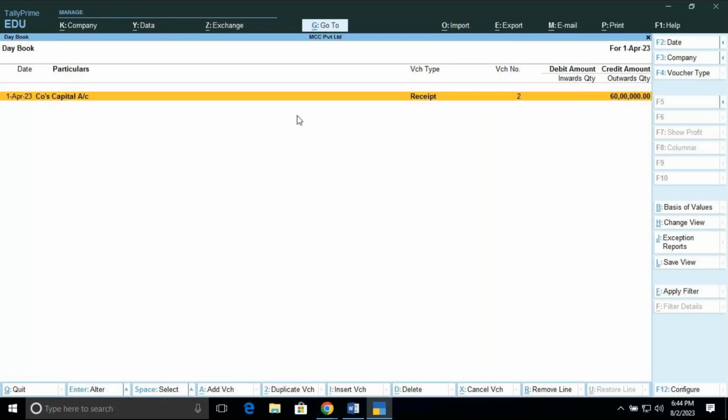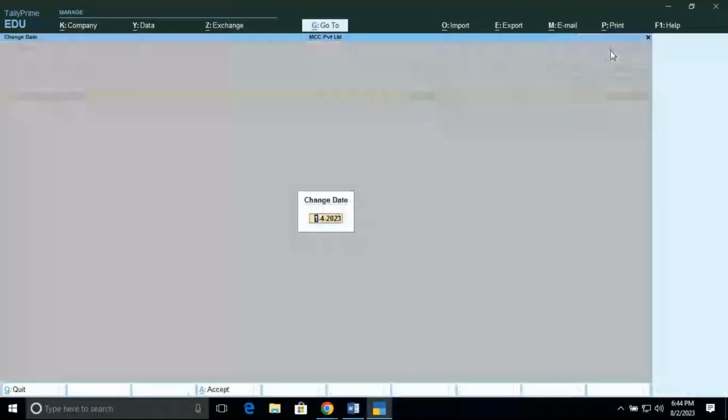Okay. So it is showing only one transaction, but I have two transactions. Correct? So you come to see F2. I told you F2 in Tally is the date function. Alt F2 is period. See, date means a single date. If I want to see 2nd April, I'll enter 2-4.